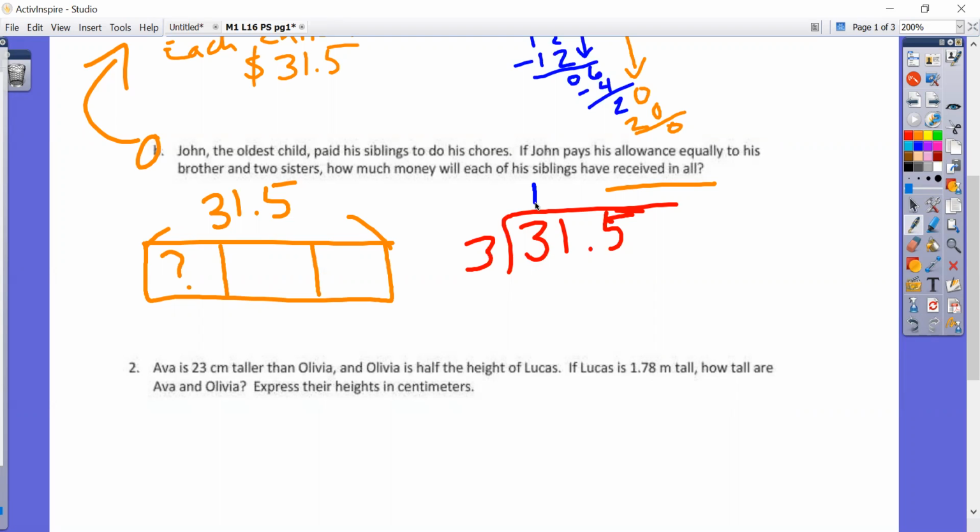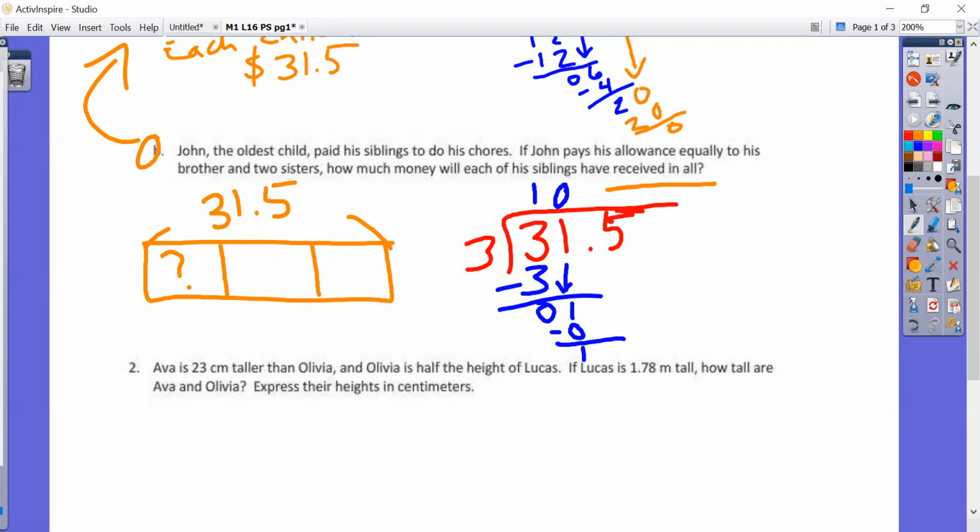We know that 3 divided by 3, we can do that equally once. So 3 groups of 3, we use all 3 tens, so there's no remaining tens. Now we bring down our 1 to decompose. 1 divided by 3, well, we can't equally divide 1 into 3 groups without decomposing, so we're going to go ahead and put the 0 up there and show that we cannot divide any of those down below.